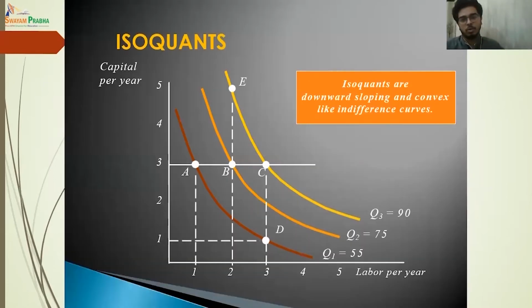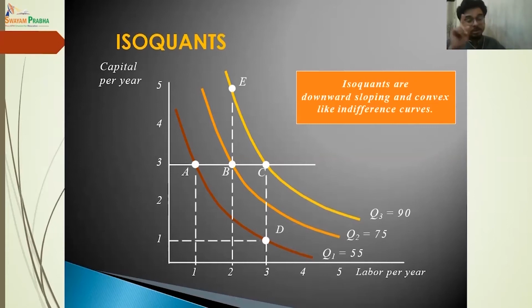These are the isoquants. You can see on one side we have capital per year on the y-axis, and on the x-axis we have labor per year. We can observe here that isoquants are downward sloping and convex, like the indifference curves we have studied in consumer behavior.